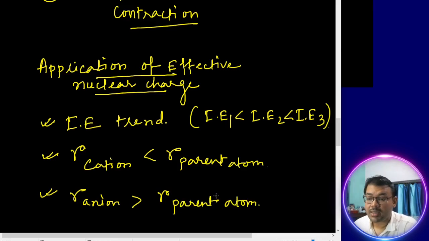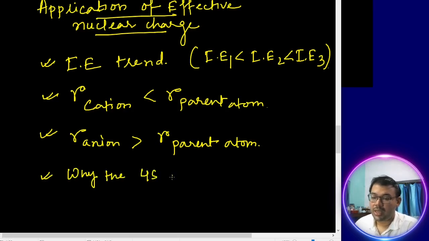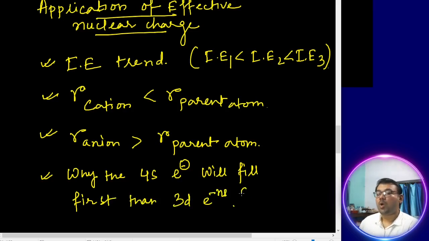Also we can understand why the 4s electron will fill first, before the 3d electrons. While filling the electrons, why does the 4s electron fill first?